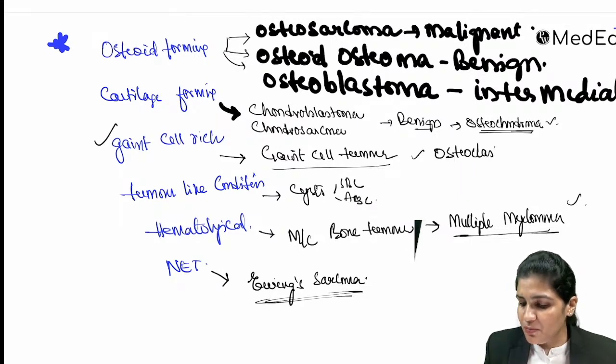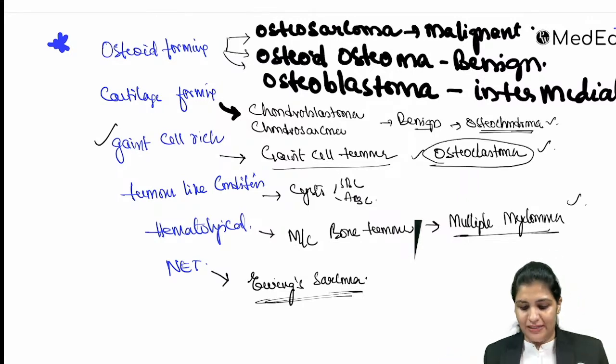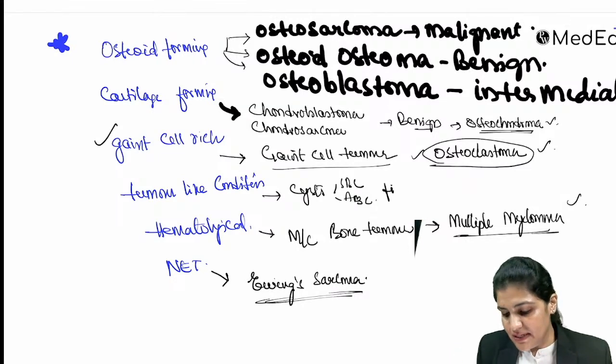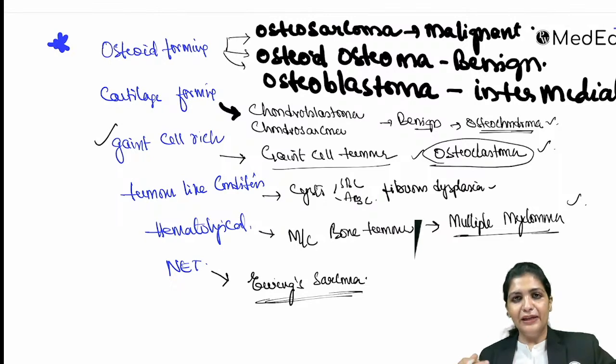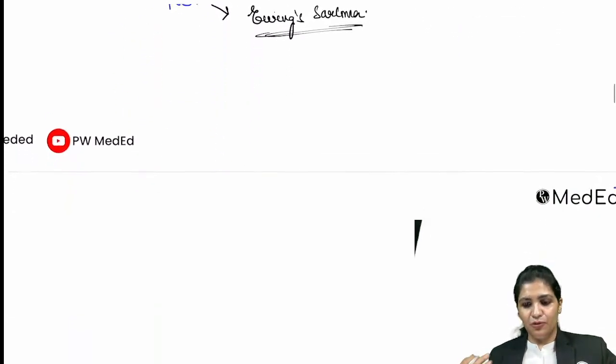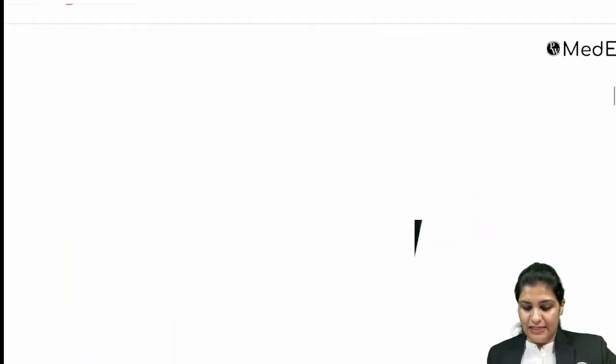There are tumor-like conditions such as your aneurysmal bone cyst, simple bone cyst, and fibrous dysplasia, which mimic a tumor. From hematology, you have multiple myeloma, the most common condition in orthopedic oncology. And neuroectodermal tumor is the Ewing's sarcoma.